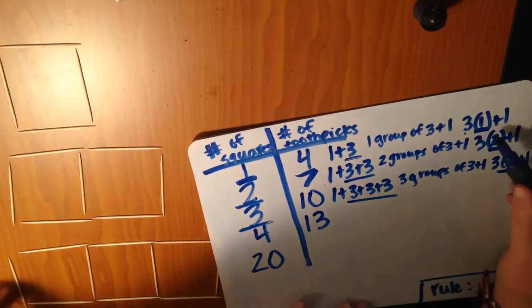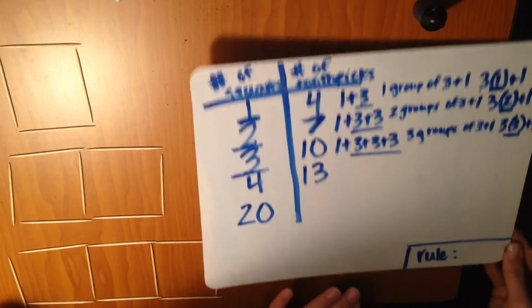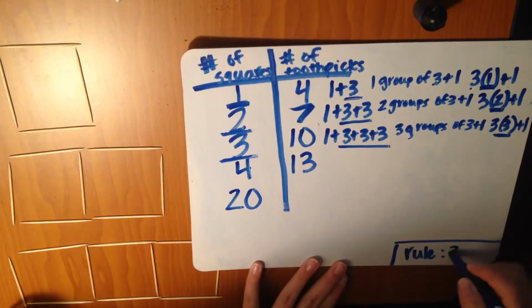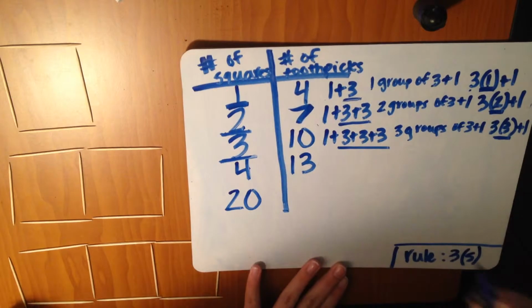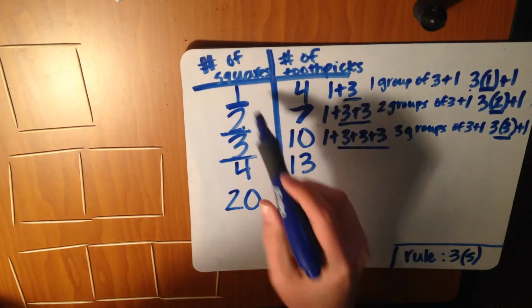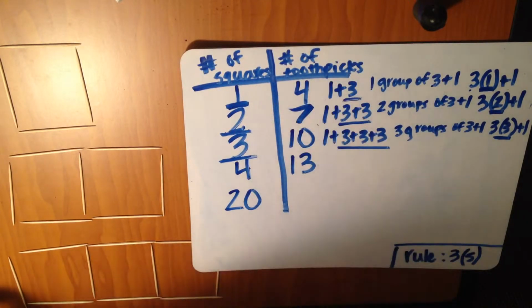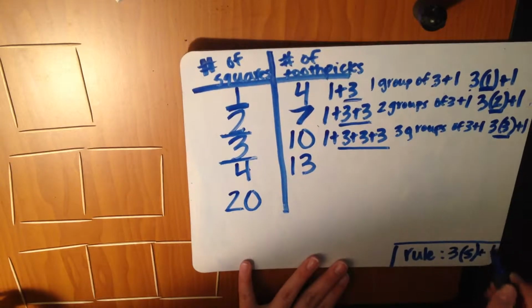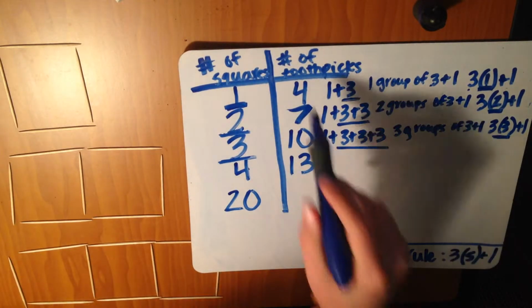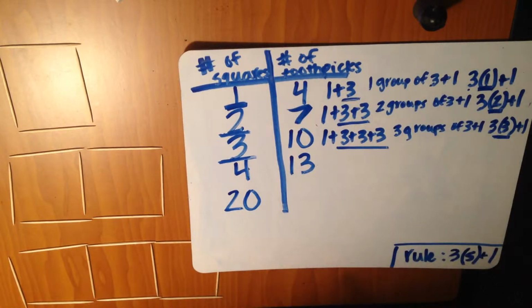I now know that 3 times the number of squares, so here I have 1 square, 2 squares, 3 squares, the number of squares which I want to know, plus 1 will equal the number of toothpicks that I would like to find.